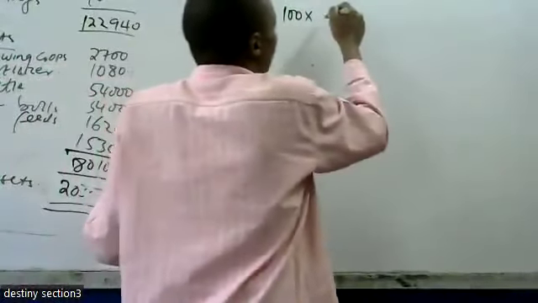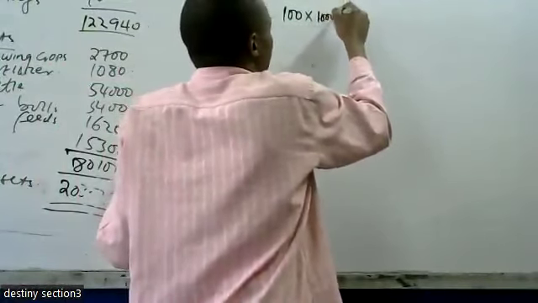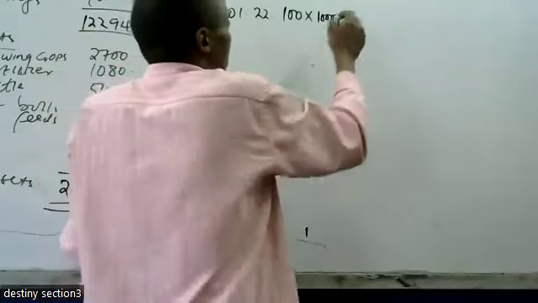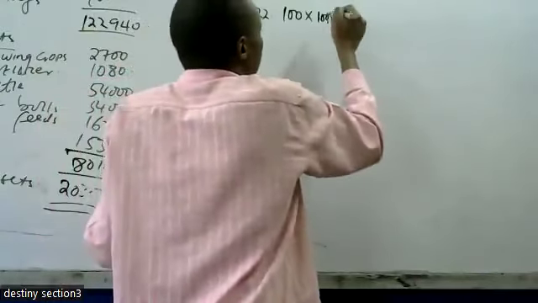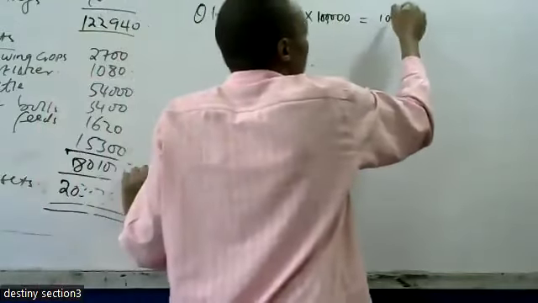So the value per cattle, that means it was like 10,000. Sorry, 100,000. So that will get 10 million.